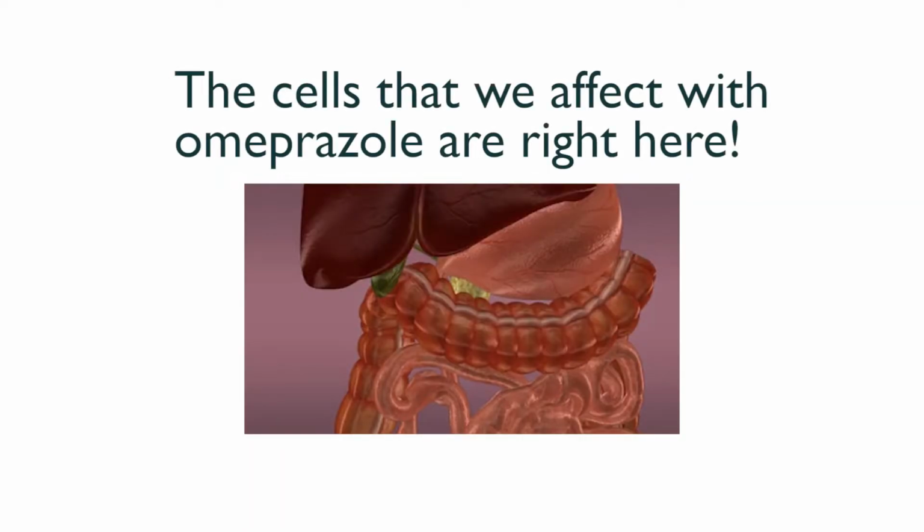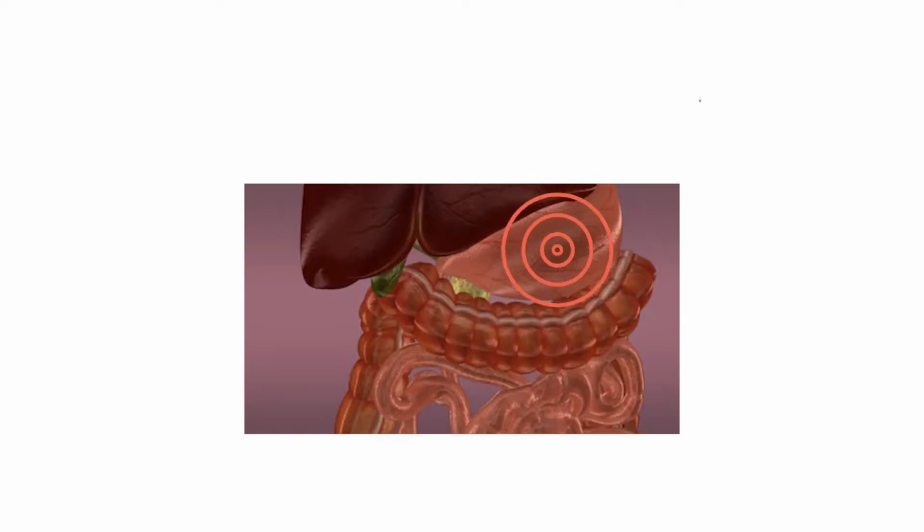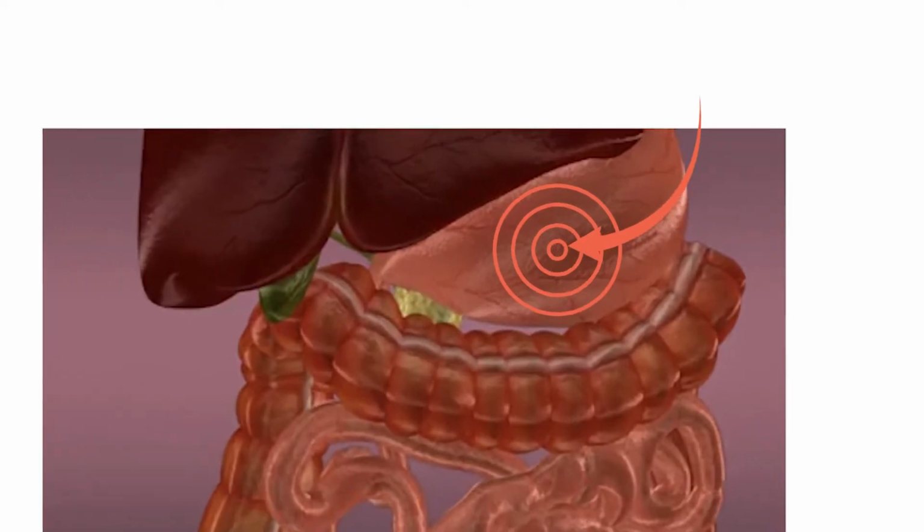Let's go back up to the stomach right now because I'd like to make a note on something else. Omeprazole and other proton pump inhibitors work on a specific enzyme found in a specific type of cell, the parietal cell that's in the stomach. Recall the appearance of the stomach wall.